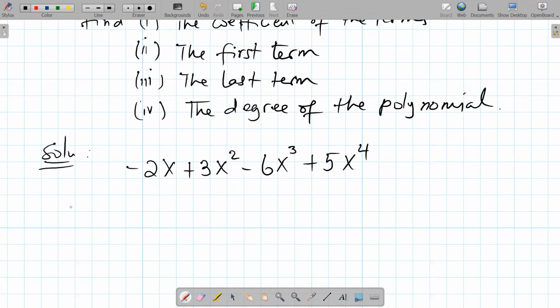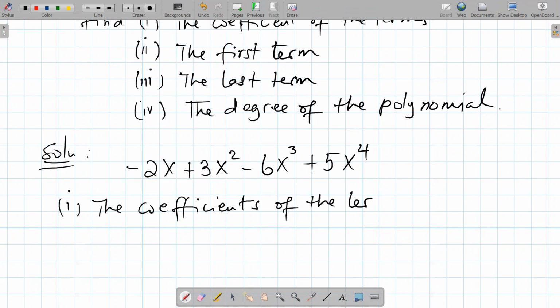So here, the coefficients of the terms are, remember, the coefficients are always the values that come before the variable. So we have negative 2, we have 3, we have negative 6, and positive 5. These are the coefficients.